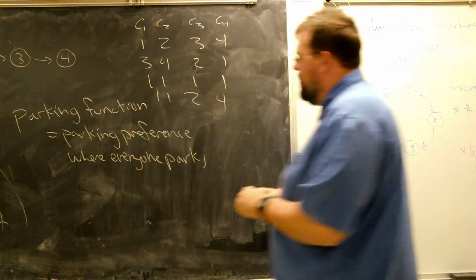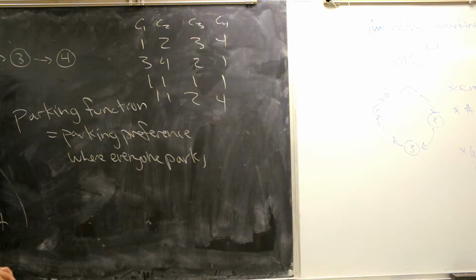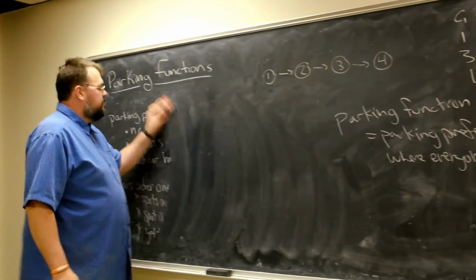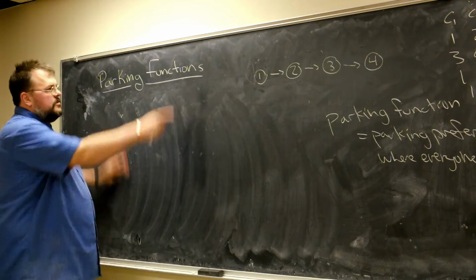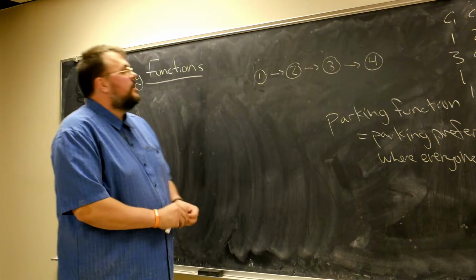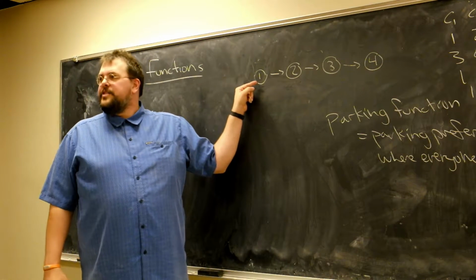Okay. So now, a quick question. What needs to be true? If we look at this picture, we can make some simple observations for at least this case, and then we can generalize pretty quickly. If I want somebody to park in spot 1, what needs to be true?